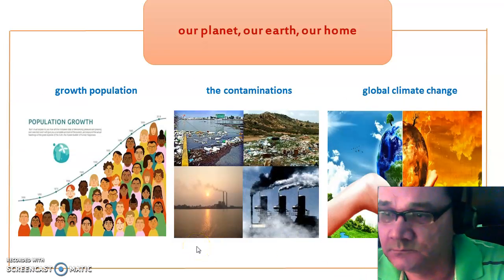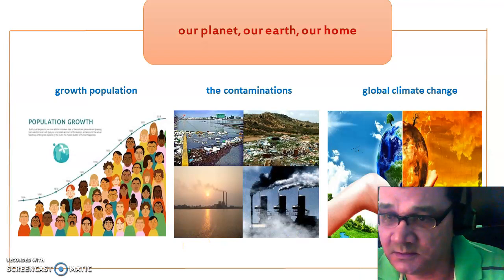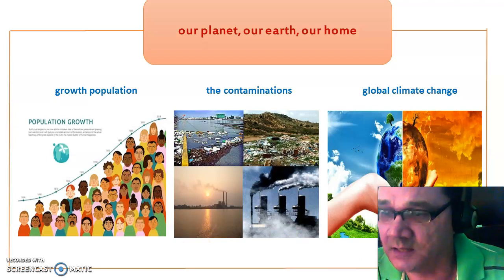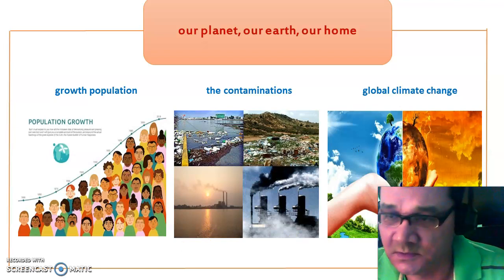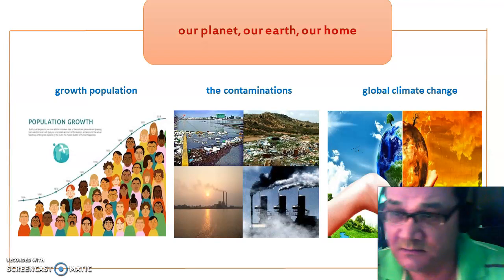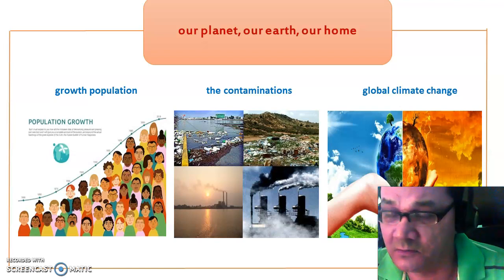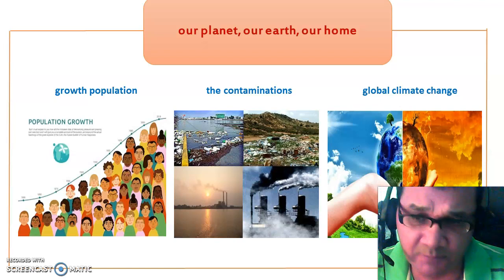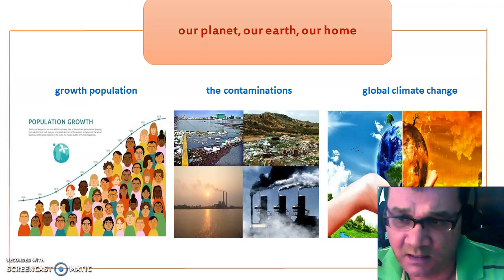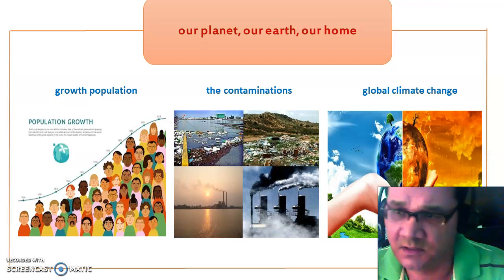And the other three pictures: population growth is very high, for example China and India, and the consumers and the food problems are at a worse level.